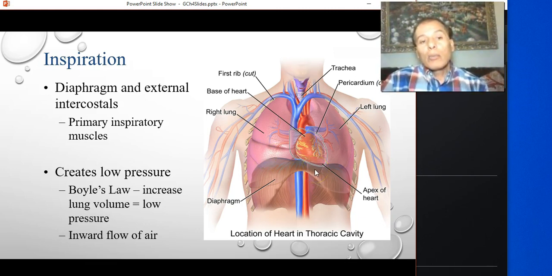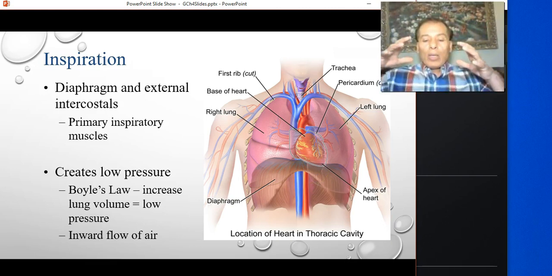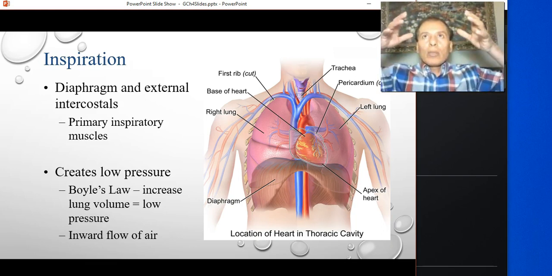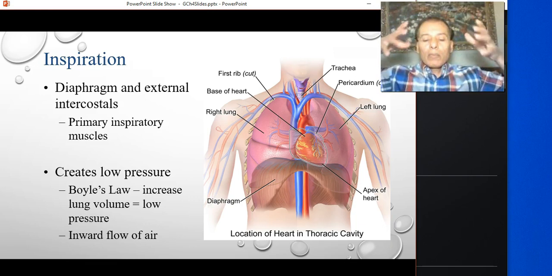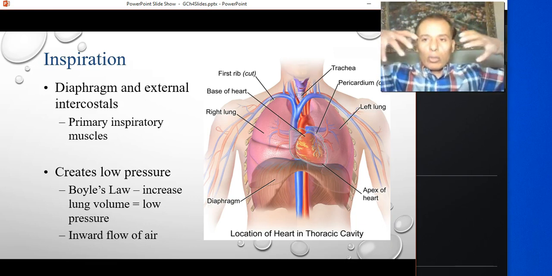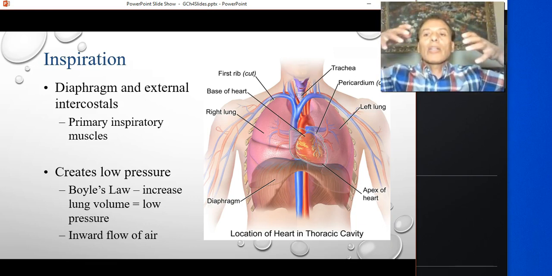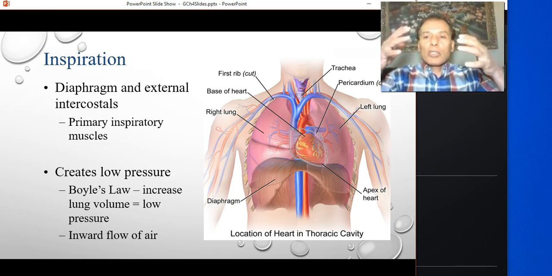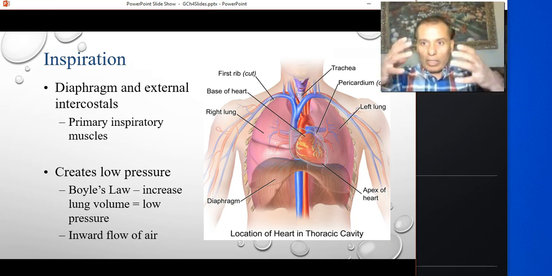How does Boyle's law relate to exhalation? Now, in exhalation, at the beginning of it, the muscles that are holding the thorax up and lifting it relax. The thorax collapses, goes down by gravity.